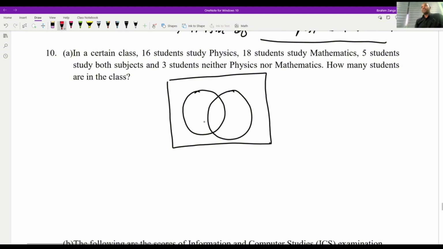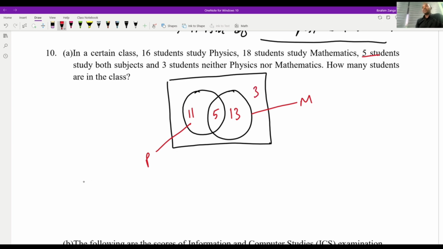Let this set represent those studying physics and this one those studying mathematics. 5 students study both, but 16 students study physics, so physics only will be 16 minus 5, which is 11 here. Those who study mathematics were 18, so mathematics only will be 18 minus 5, which is 13. And 3 students take neither physics nor mathematics, so they are going to be outside the sets.